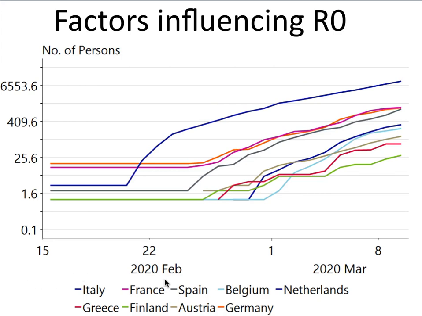So this is a more focused graph of some of the European countries, and as you can see here, not all countries start at the same time. So Italy was infected way before these countries were.